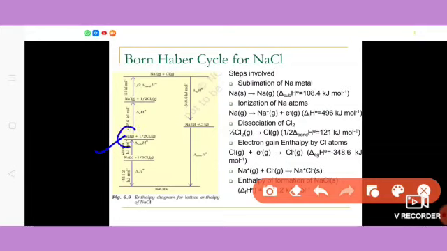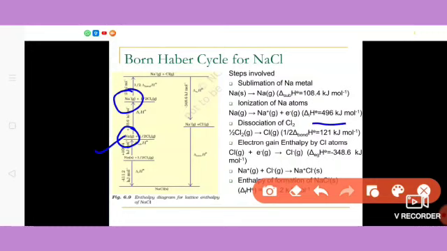After the formation of the sodium gaseous atoms, the ionization of the sodium gaseous atoms takes place, where 496 kilojoules per mole of energy is required. By the absorption of this much energy, the sodium atoms get converted into sodium ions.